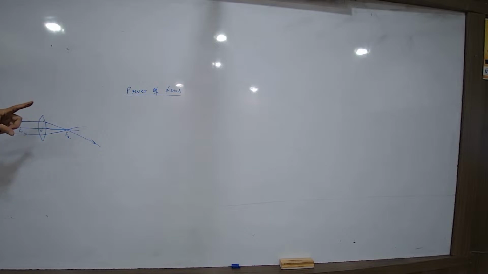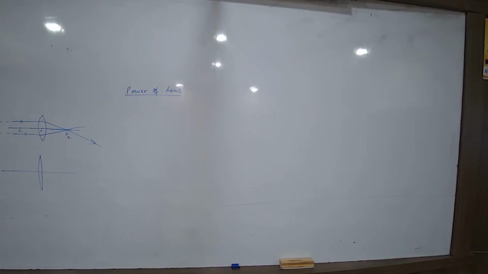So if you are talking about the power of a lens, what is it? It shows the degree to which it is converging, how much the rays are converging. You will notice that if the lens is bulging like that, that means the focal length is very small. But if you are taking a very thin lens like that, it is still a convex lens.